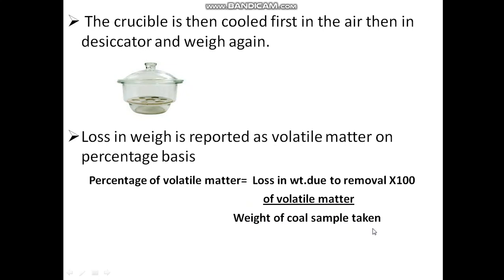As I've told you previously, we are going to take 1 gram of the coal sample and from that 1 gram we are going to calculate the moisture, volatile matter and the ash content. So 1 gram will be the constant weight. And here we are going to put the weight we are getting after doing the procedure for the moisture, the ash content and the volatile matter.